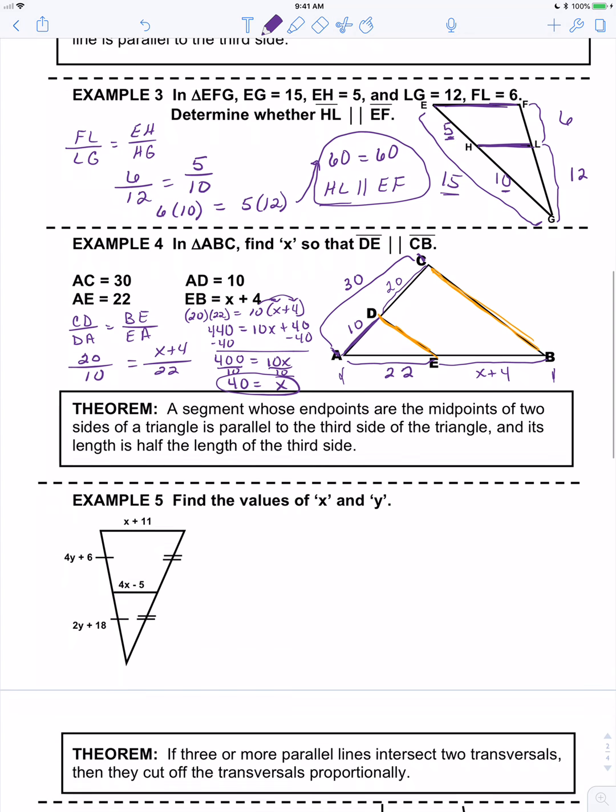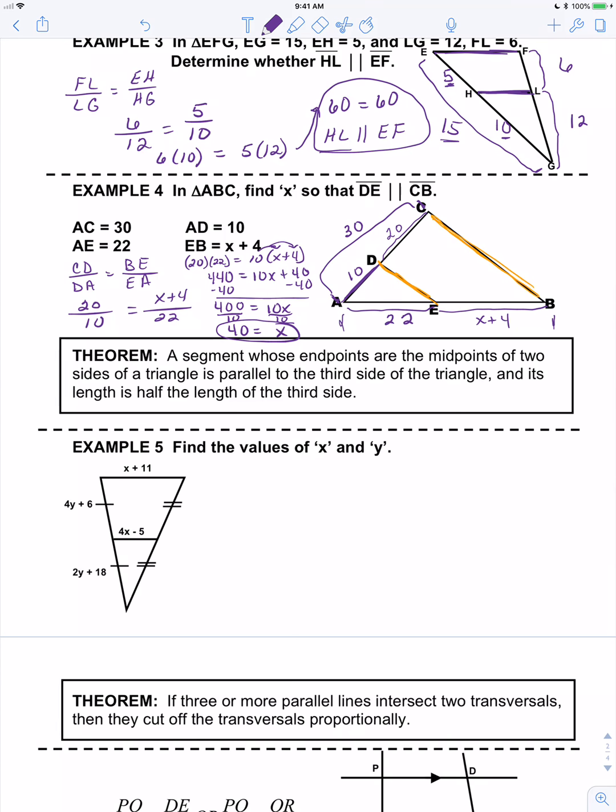Okay, the next theorem is a segment whose endpoints are the midpoints of two sides of a triangle is parallel to the third side of the triangle, and its length is half of the length of the third side. So I think what that is trying to tell us is that if we know that these two are the same, then this would be considered a midpoint here.